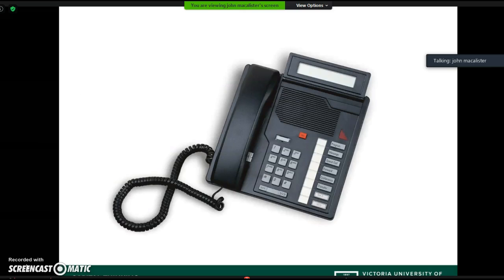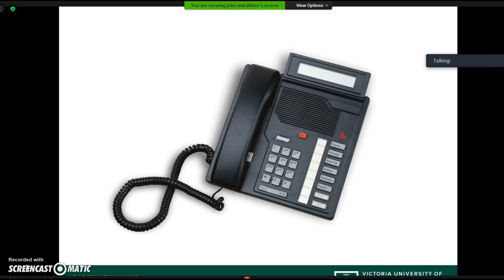So, the story. The story begins with a telephone. This actually is very similar to the telephone that I'm talking about. So I was sitting in my office here in Wellington, and I came into my office, and this is one of those phones where you have a message where the little red light starts flashing.